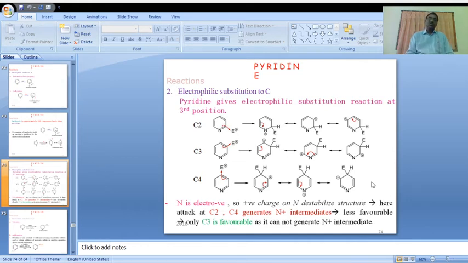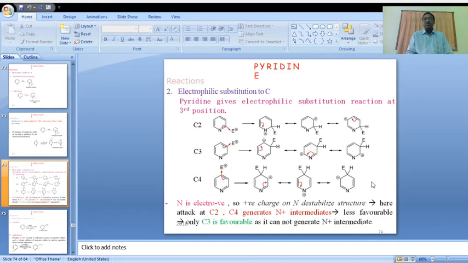So the positive charge on the nitrogen atom gives a destabilized structure. In each of these three cases, attack of electrophile on C2, C3 or C4 position, it may give three types of structures.